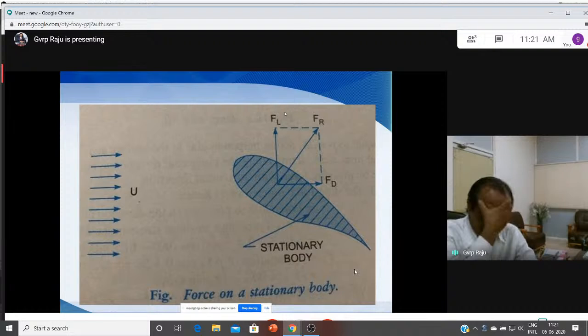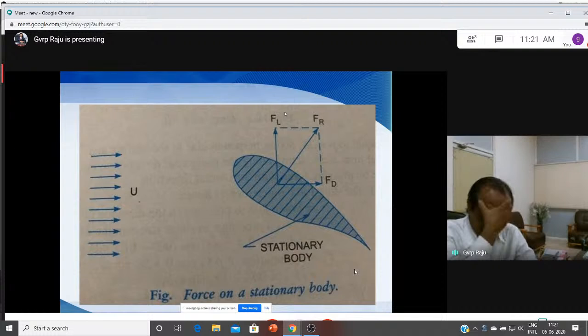Similarly, we take another one: movement of an aeroplane in air. The air is moving and the aeroplane is also moving. Then what happens here? There is a force of air on the aeroplane.